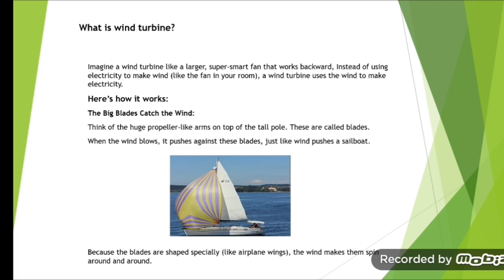When the wind blows, it pushes against these blades, just like wind pushes a sailboat. Simply, when the wind strikes the spinning blades of the wind turbine, it generates electricity.